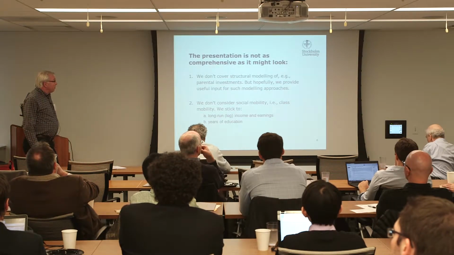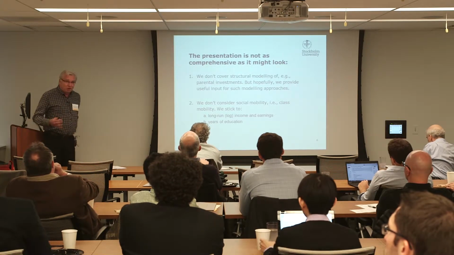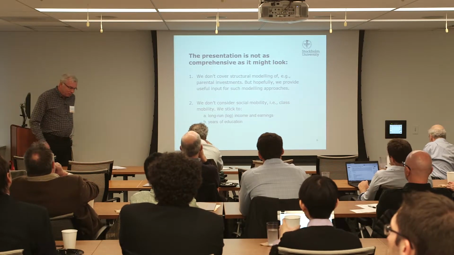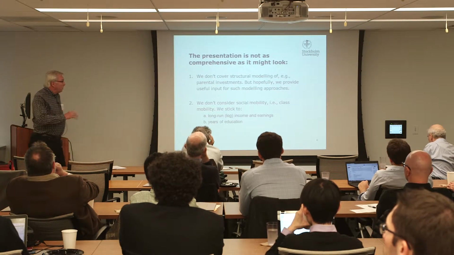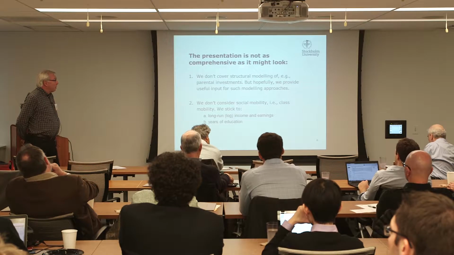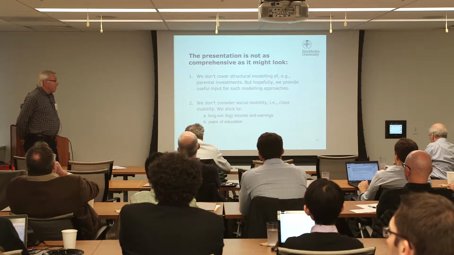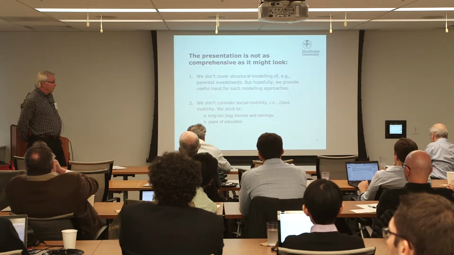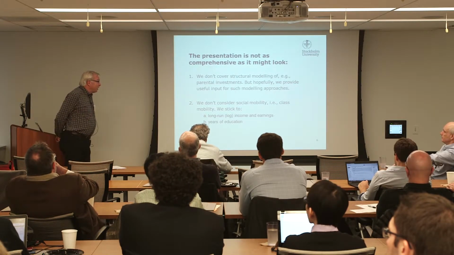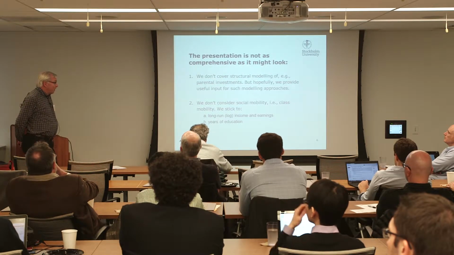I should also say I think that the presentation is also not as comprehensive as it might look. 4 approaches seems as though I cover almost everything, but we don't here cover structural modeling of different types. But hopefully I think that the information that comes from these 4 approaches is useful input for those who consider more structural modeling.